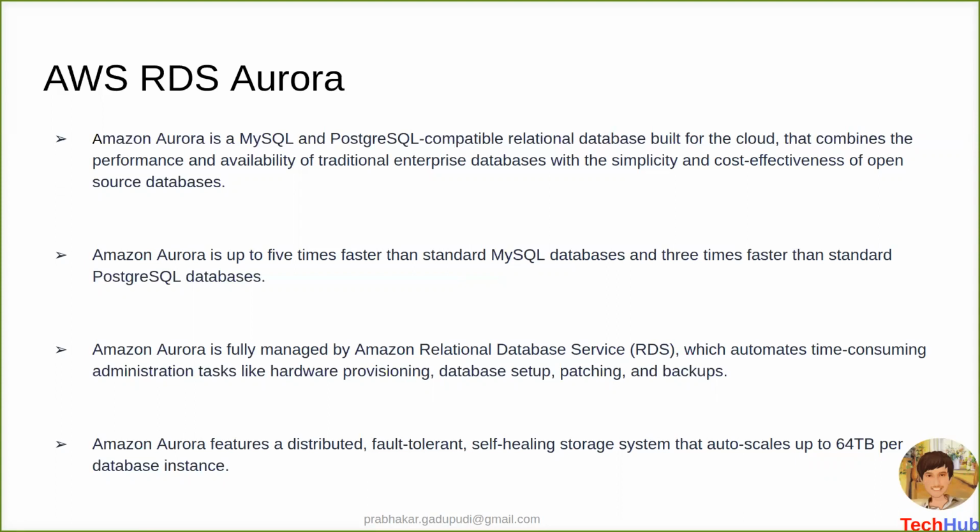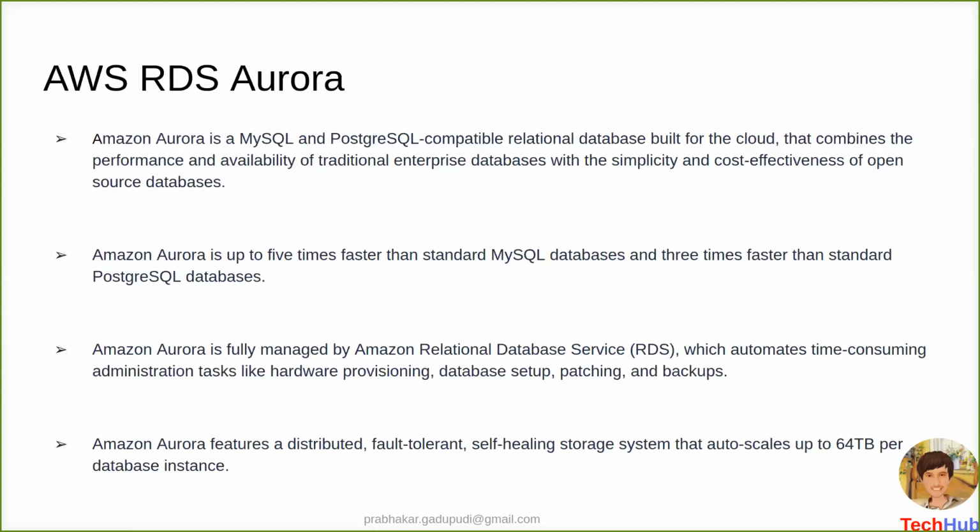It is up to 5 times faster than standard MySQL databases and 3 times faster than PostgreSQL databases. It provides the security, availability, and reliability of commercial databases at 1/10th of the cost.